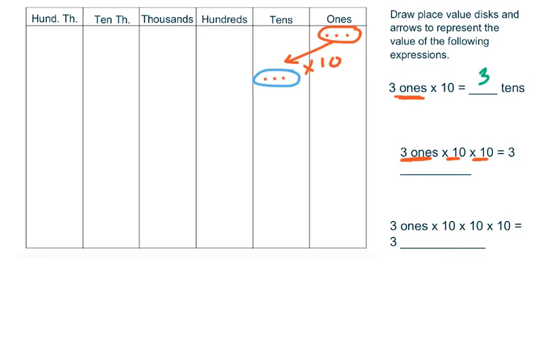But if I multiply that again by 10, well, we just talked about this. If I multiply by 10, I'm sending it over to the column on my left. Exactly what I had there in the tens place, I'm sending now over to the hundreds place. So I now have 3 hundreds.